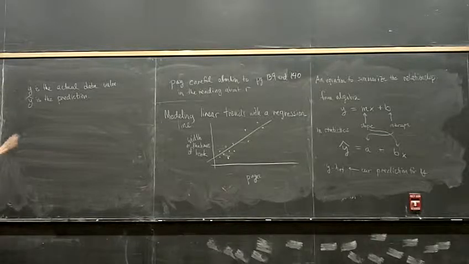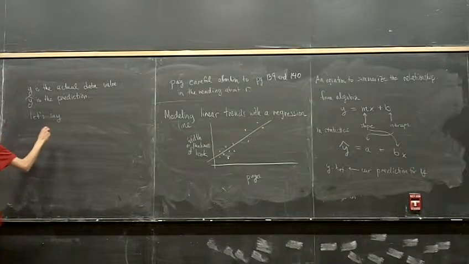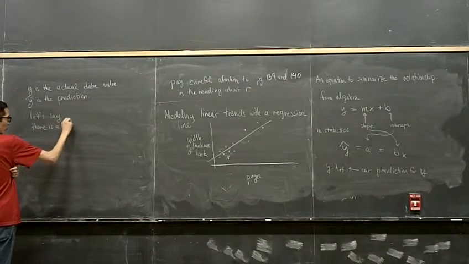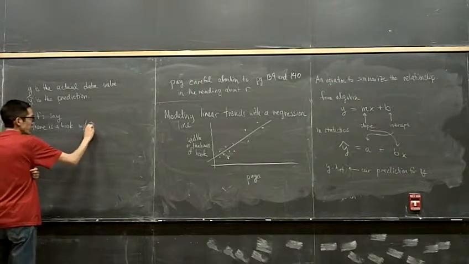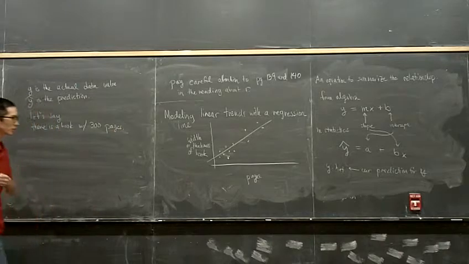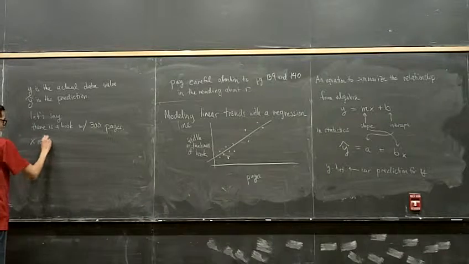So let's say there's a book with 300 pages. Okay? My x here is the number of pages. We're using the number of pages to make a prediction for the thickness of the book, right? So x is the number of pages.